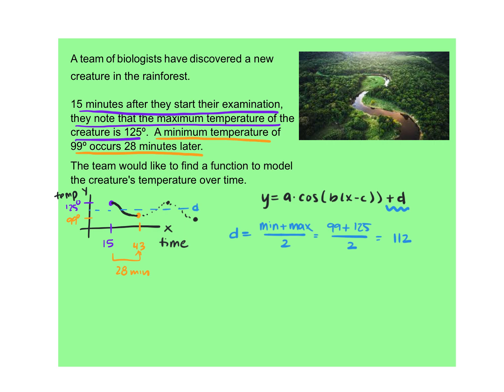Next, I'm going to calculate the amplitude, which is the distance between that baseline and the extrema. Normally it's 1, but here I'm going to calculate it by taking the maximum minus that baseline so I can see that difference. So I'm going to take 125 minus 112 and I get 13. So my stretch must be 13.